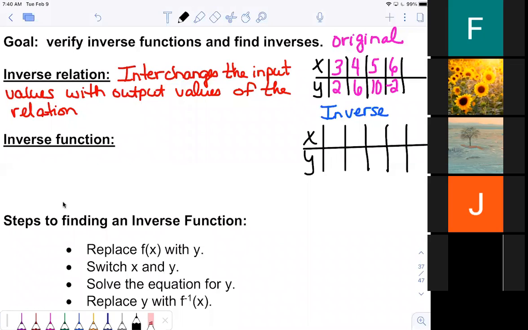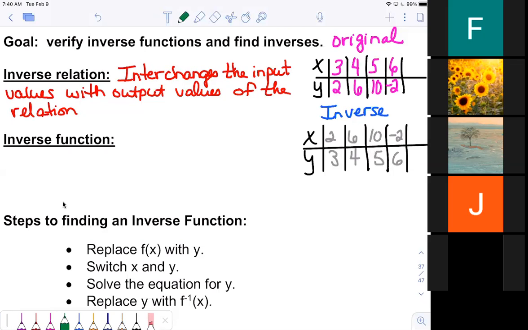To switch the x and the y values. Yeah, so what would that look like if we switched X and Y? The x values would be 2, 6, 10, and -2. And the y values would be 3, 4, 5, and 6. Nice, yeah, that's it. So interchanging is another way of saying switching. You're switching the X and the Y values. So that's how you find an inverse relation, by taking the original and switching the X and Y.